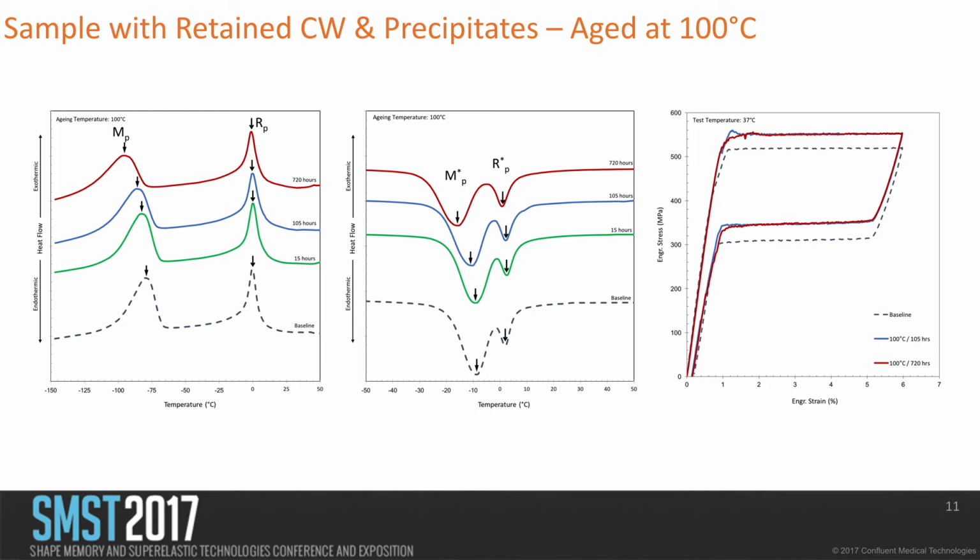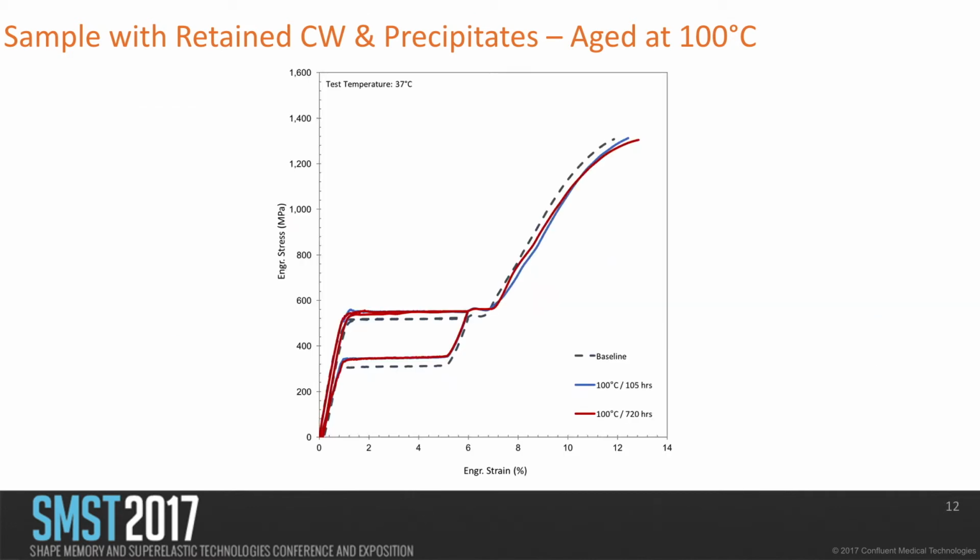If I suppress these two peaks, that means I have to get an increase in my plateau stresses, as the martensite temperatures go negative, and that's what we see here. The baseline is the dashed line, and for the other two exposures we see an increase in plateau stresses. Other than that, other properties, UTS, everything remain the same.